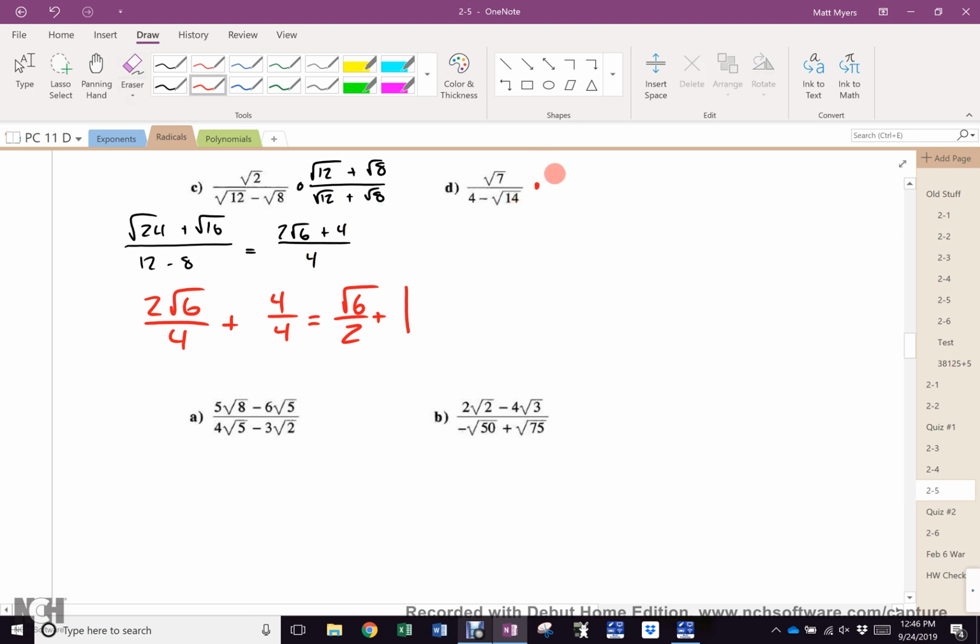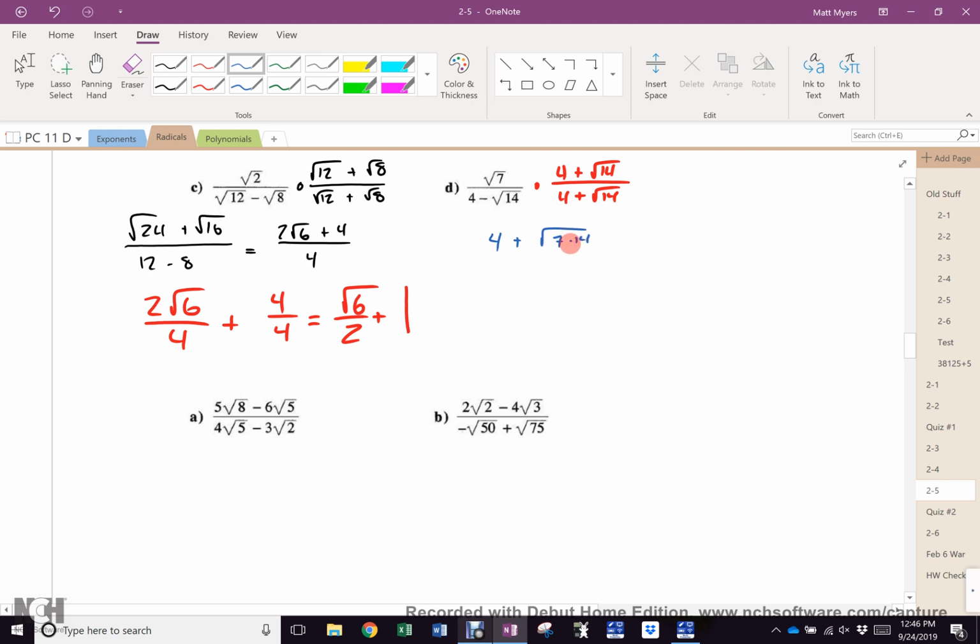This, of course, 4 plus root 14 over 4 plus root 14. And again, I'm not going to simplify, mostly because you can't, right? So this becomes 4 plus root 7 times 14. Now, I like to work in my head every chance I get, but maybe I'm bad at multiplying.